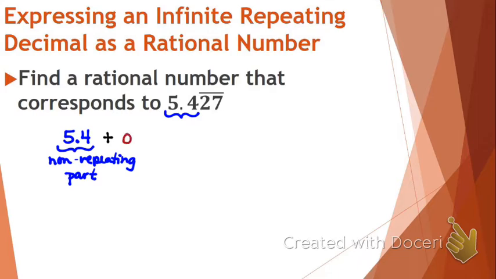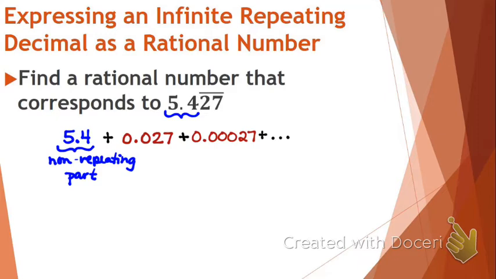Yeah. So if I were to write this out similar to what we just saw in that last example, this would be 0.027 plus 0.00027 plus, and then I could keep going with this. So far, so good?